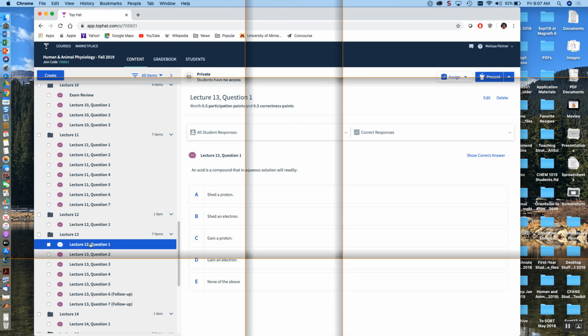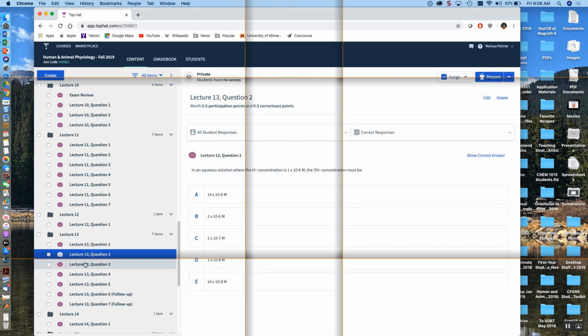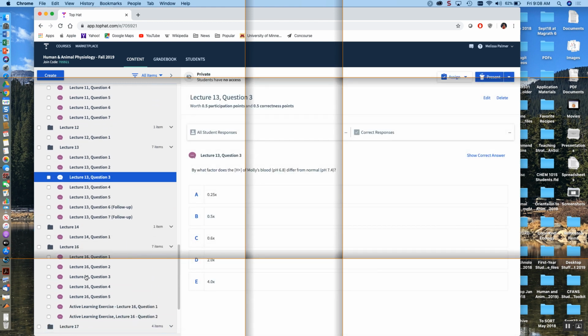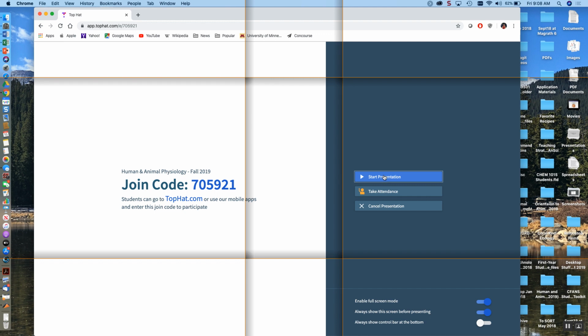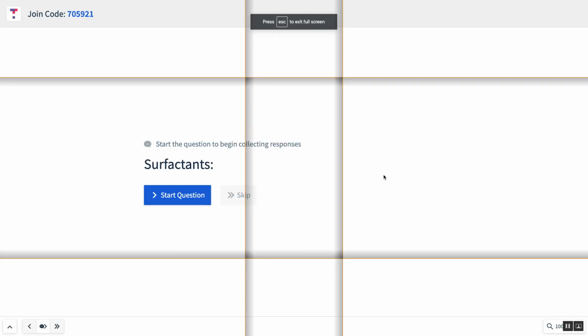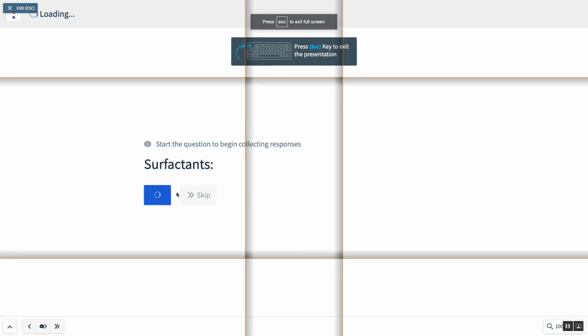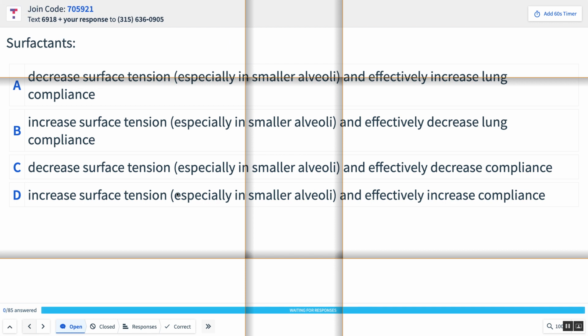All right. So here's our question for today. Surfactant, it's kind of lengthy. A, does it decrease surface tension, especially in smaller alveoli, and effectively increase lung compliance? Or B, does it increase surface tension and decrease lung compliance?